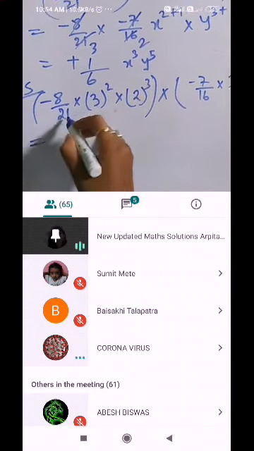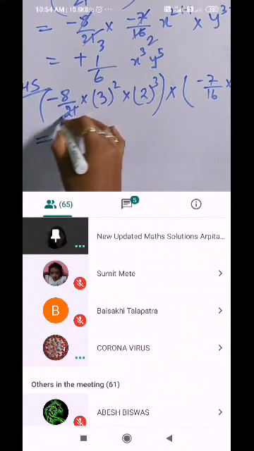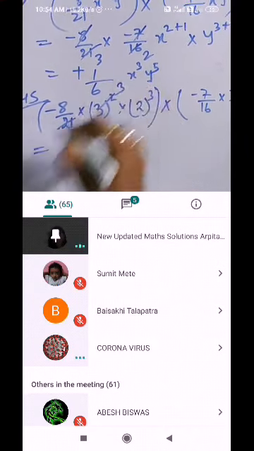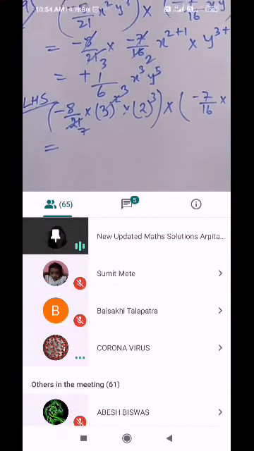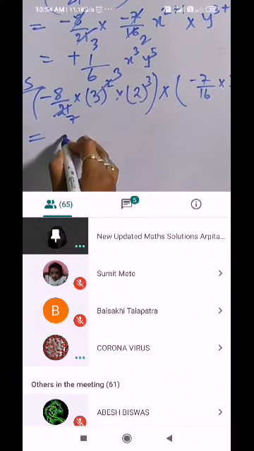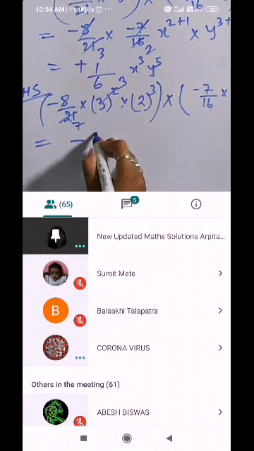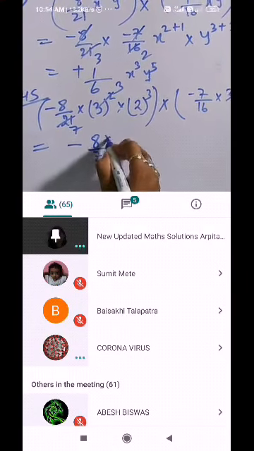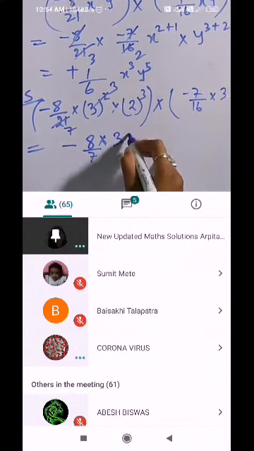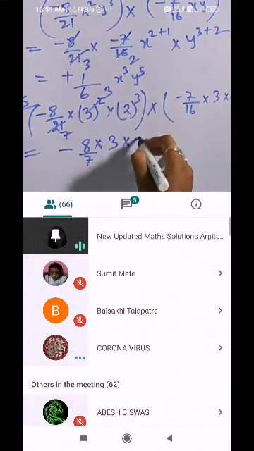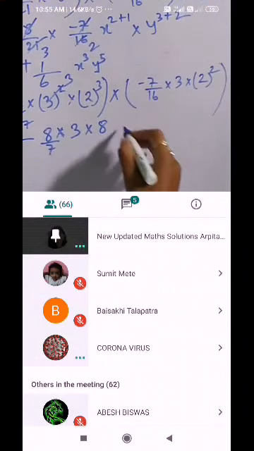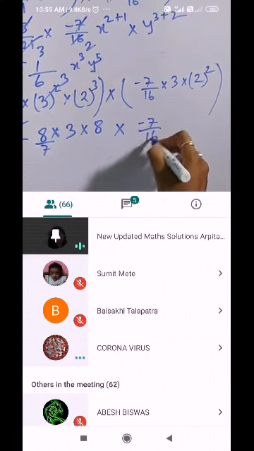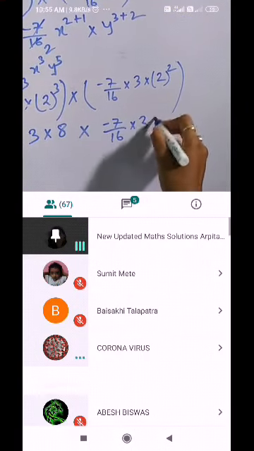Then we can cut it. 3 7s are 21, and from here one 3 will be cut. That means one 3 is left. Then this will be minus 8 into 8 by 7. We will not multiply here. Into 3 into 2 cube means 8. Multiply. Here is a minus sign. Minus 7 by 16. Multiply 3, multiply 2 to the 4.